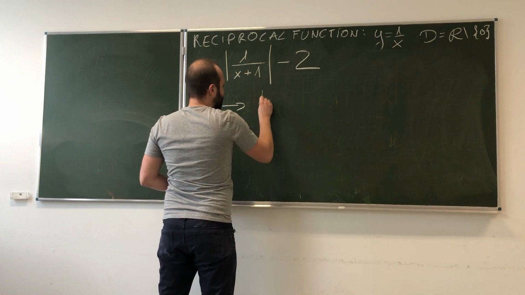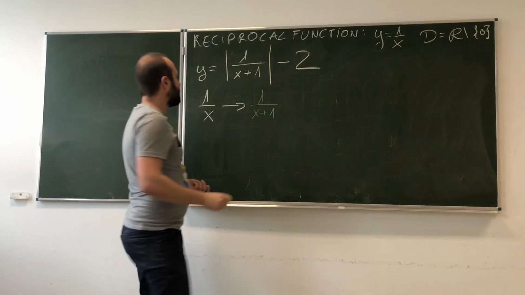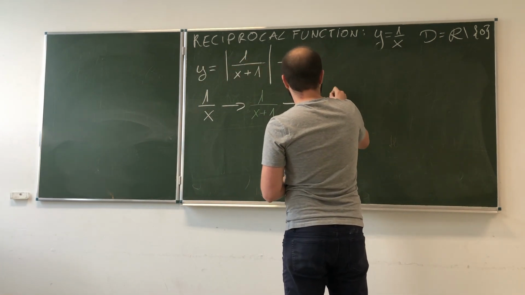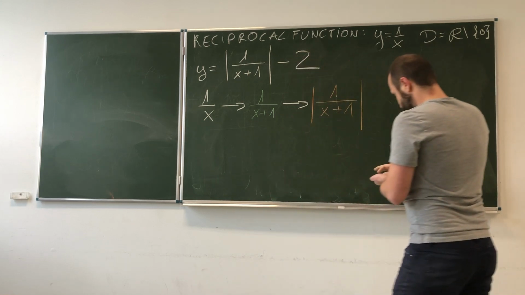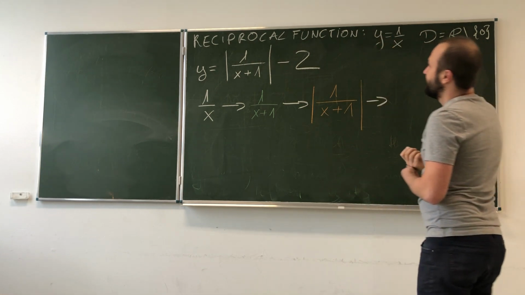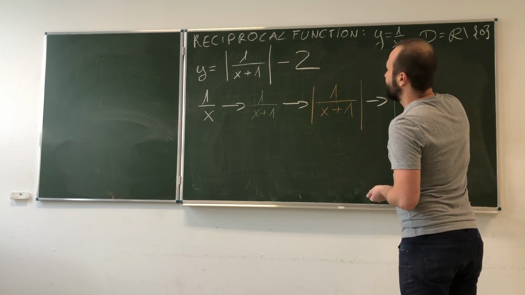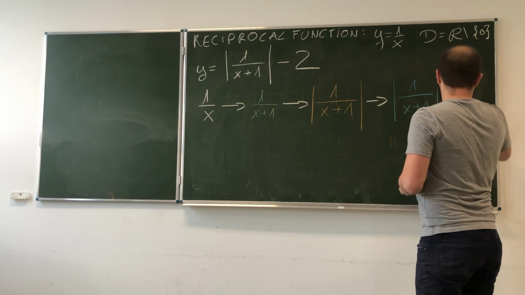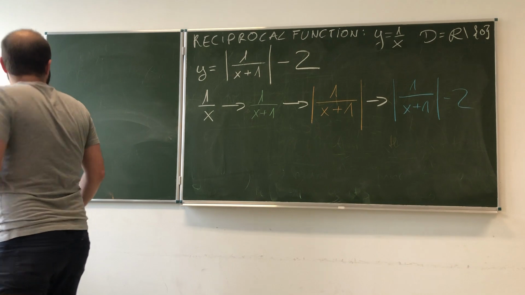So the first thing I will do here is to find this function, then the absolute value of this function, and finally, in the last step, we subtract 2 from the function. Okay, so we got the final result, the result that we wanted to obtain from the very beginning. Okay, so let's do it.